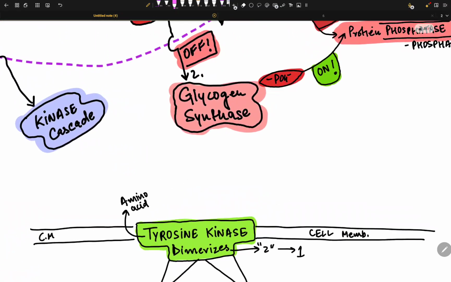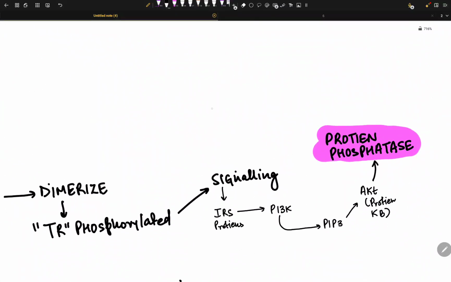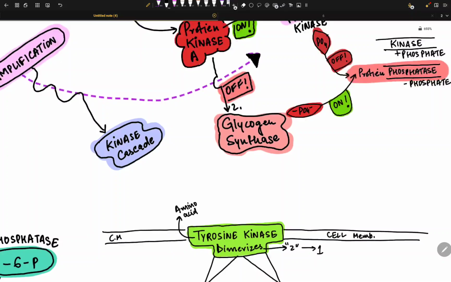Let's think. The question in front of us is which enzyme is the most important when it comes to the reduction in blood glucose. The first enzyme that we know is glycogen synthase.